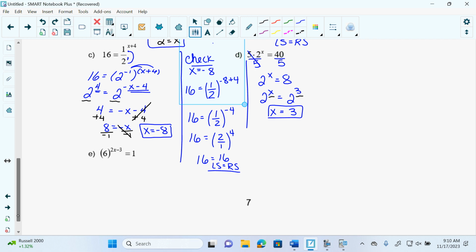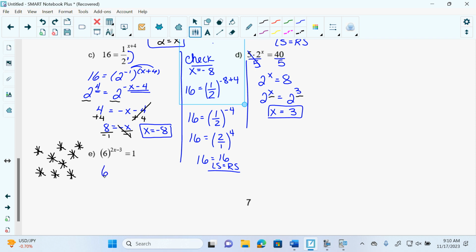E, star, star, star, star, star. You know what most of you will do? You'll convert this to a log once we learned how to convert to a log. But it's so much easier if you remember that you can actually make this be the same base. Whenever you equal 1, you can change 1 to the other base by doing it what? To the power of 0. Anything to the power of 0 is 1, correct? I need base 6, don't I?